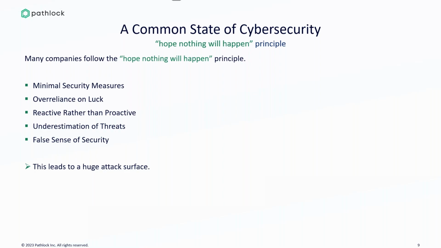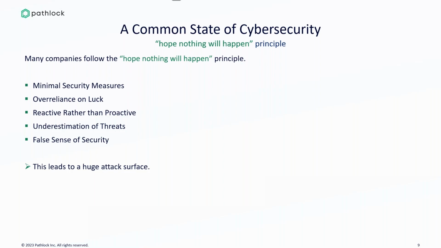You rely on luck. If something happens, then you have the problem that you can only react and you have no proactive measures. And this will lead to more costs. This will lead to production downtimes in the worst case, or even worse. There's also often an underestimation of threats and a false sense of security.